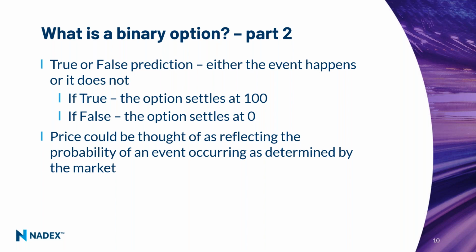It might be, say, at 60% chance. They're saying there's a 60% chance it'll be true and go to 100. And in the end, if it is higher than that price, every binary option where the prediction was that it's above the prediction, they'll all go to 100. And they can only go to 100. And any place where it finished below and it's false, they would all go to 0.